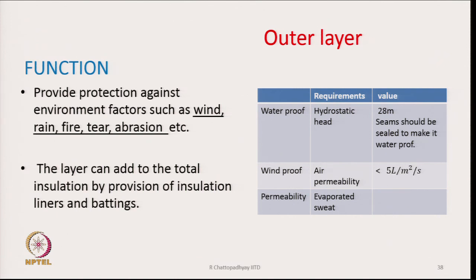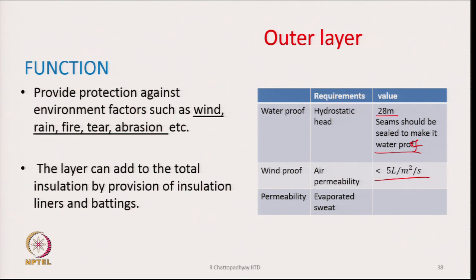So, the requirement becomes waterproof, hydrostatic head around 28 meter, and seams should be sealed to make it waterproof also. Windproof, air permeability should be less than 5 liter per meter square per second.